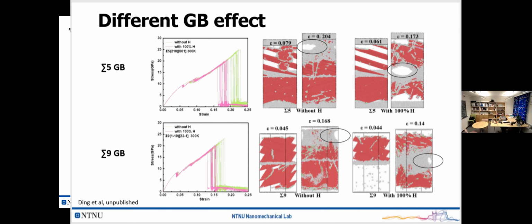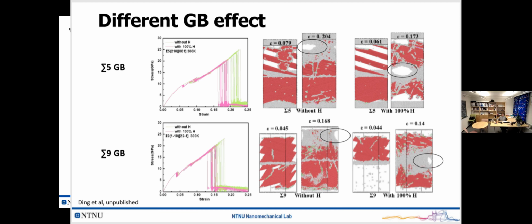And we compared many different cases and got this vacancy and fracture mode distribution. Left means the transgranular, and right means the intergranular.